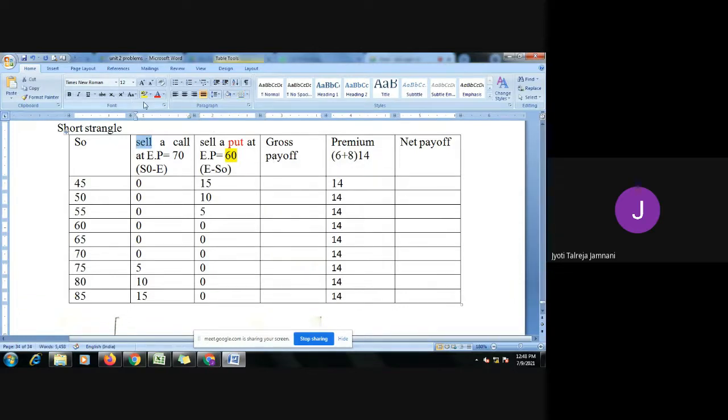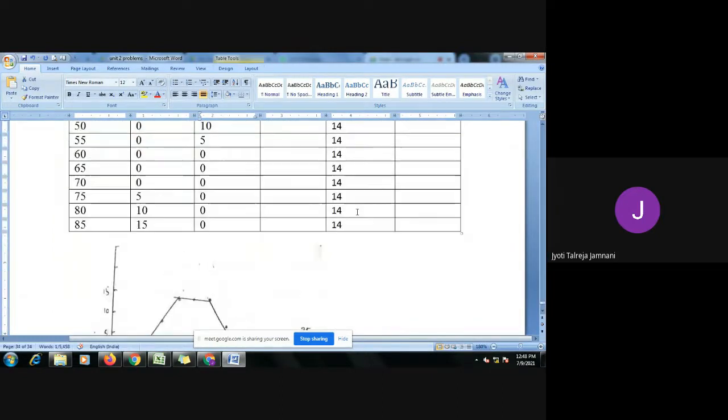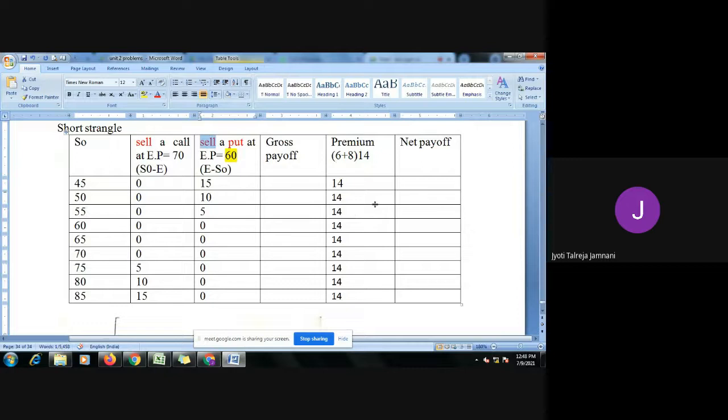We're selling, so I'll just highlight it as red here. When you sell, whatever gain, you have to show it as negative.